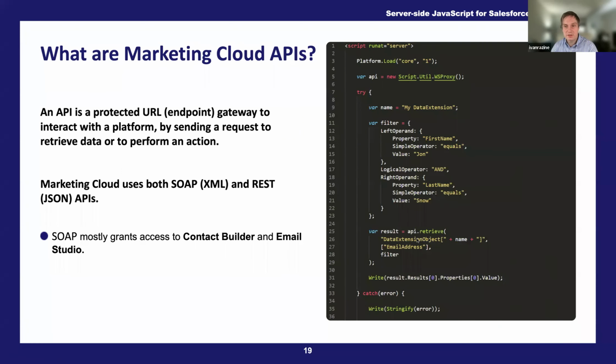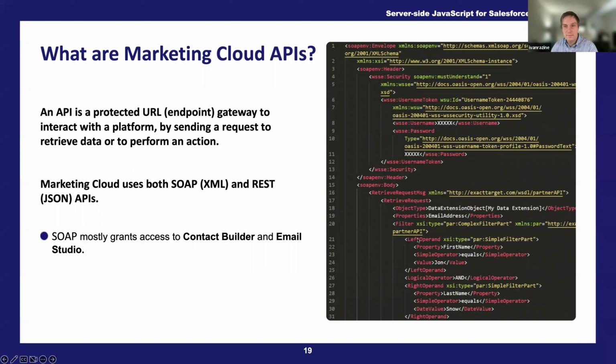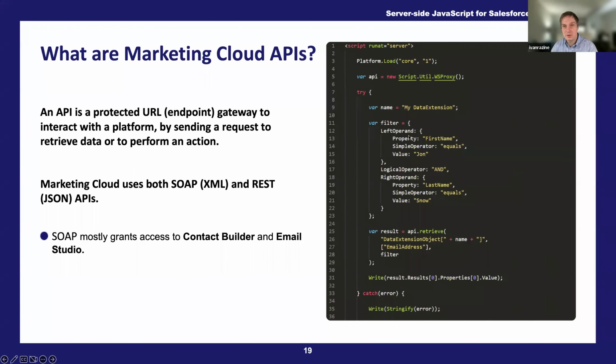For example, to filter on your request, so basically say, okay, retrieve the email address of a person where the first name equals John, this is how you write it in XML. But in server-side JavaScript, you're just using an object, and you're using the same keys: left operand, property, property, simple operator, simple operator.